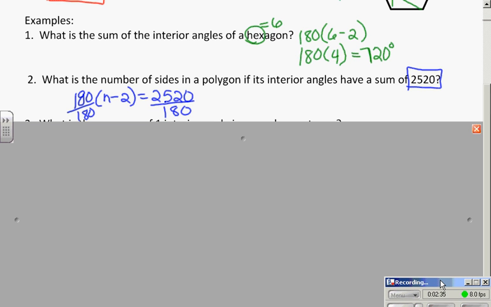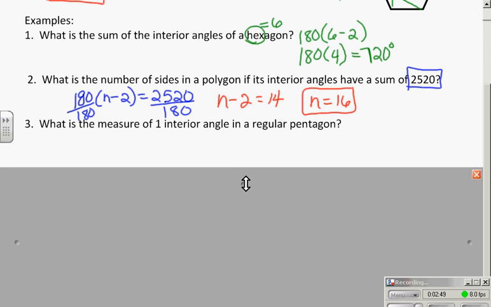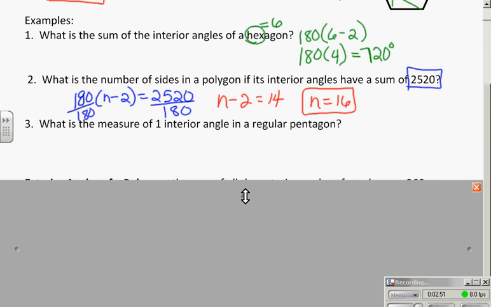When I take 2,520 divided by 180, I end up with n minus 2 is equal to 14. When I add 2 to both sides, I get n equals 16. So a 16-sided figure has a sum of 2,520.